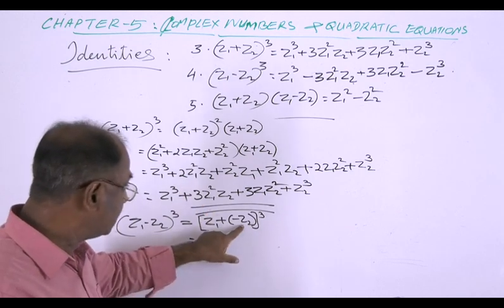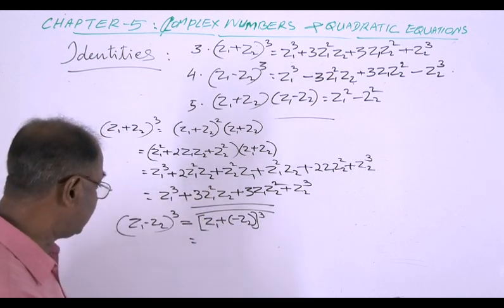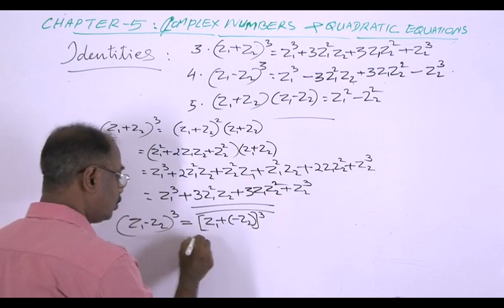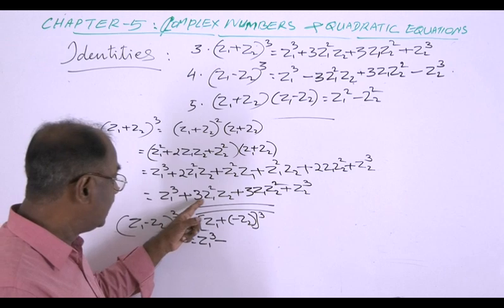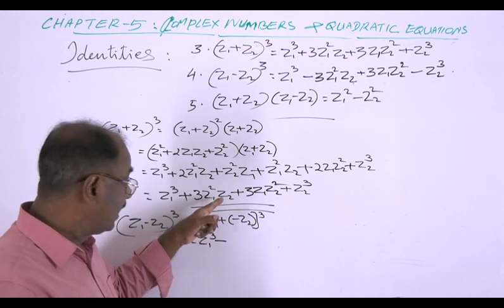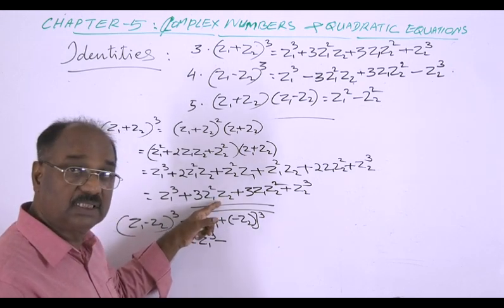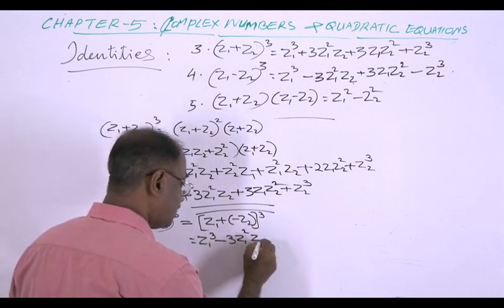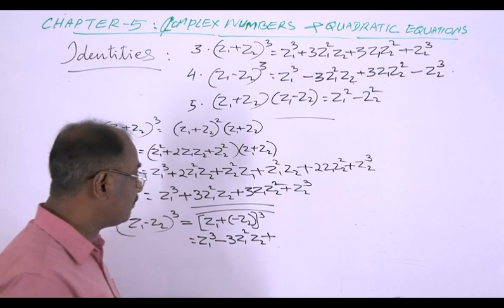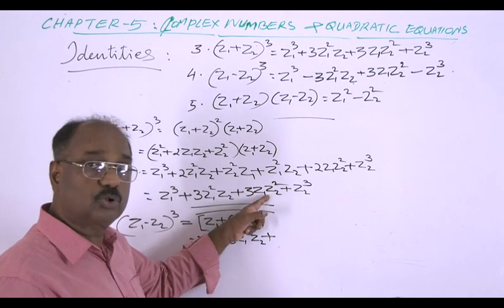So substituting minus Z2 in this last step, we see that this is equal to Z1 cube, then plus 3 Z1 squared into Z2. Place minus Z2 in place of this Z2, we get minus 3 Z1 squared Z2, then plus 3 Z1 Z2 squared.